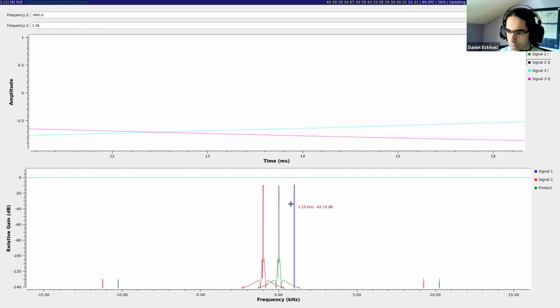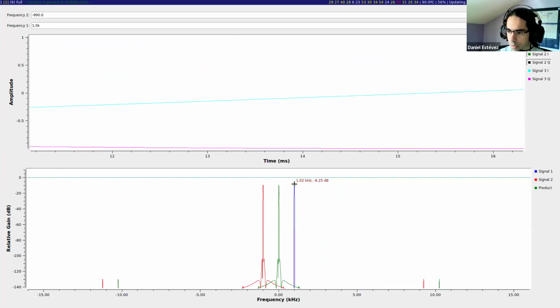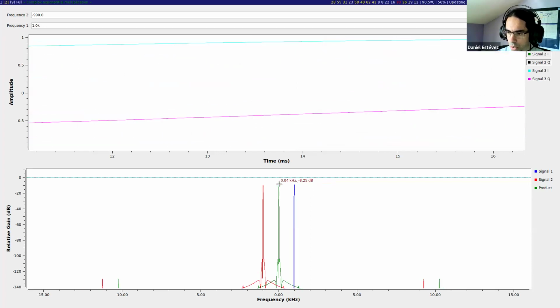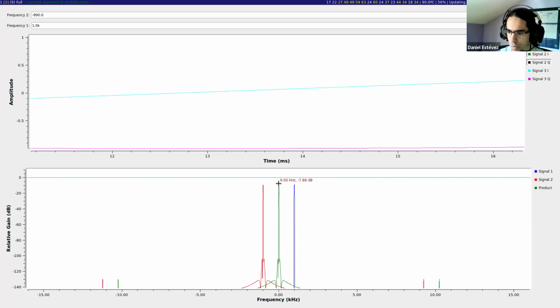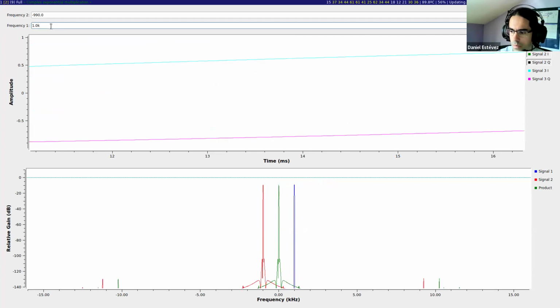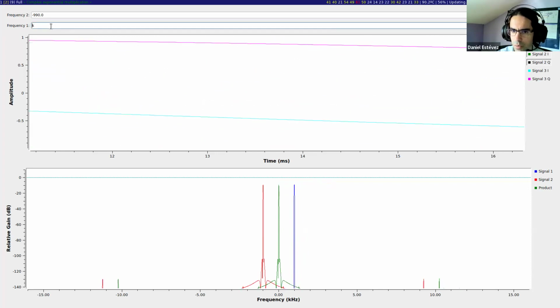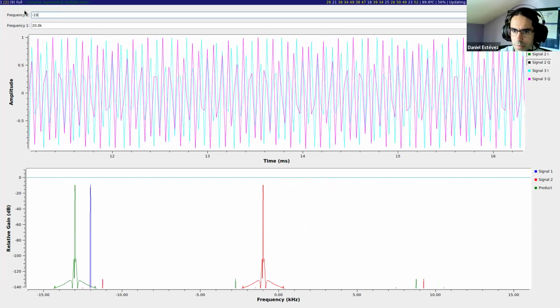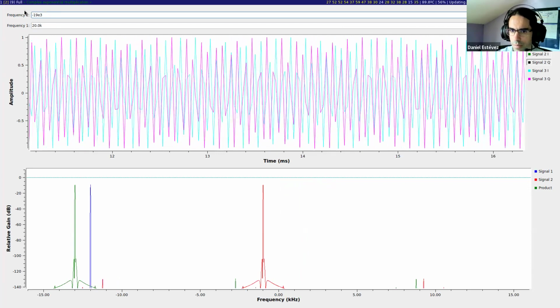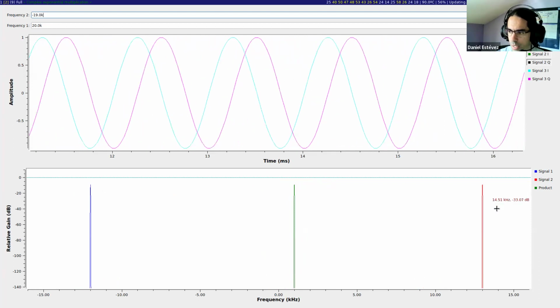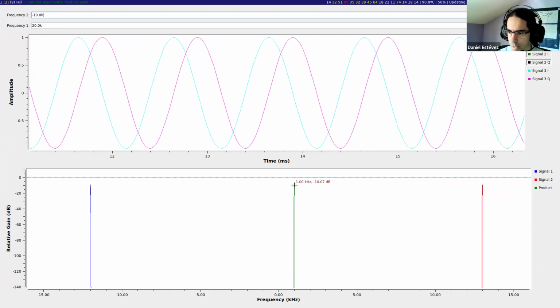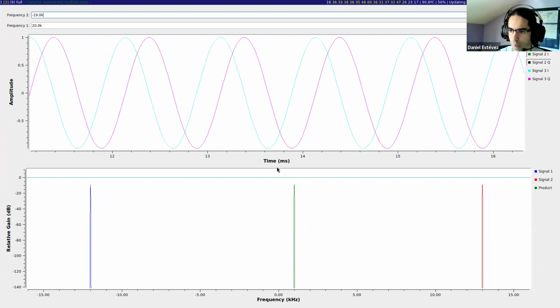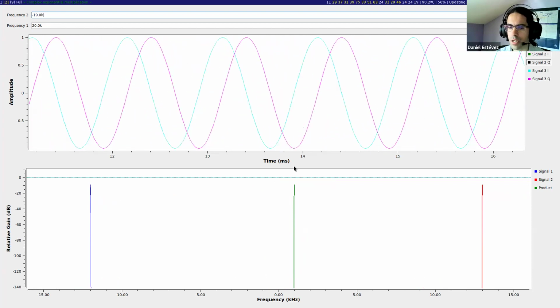This is the way of moving a signal of any frequency to something which is close to 0. Just maybe for the example, it's better to make this 20 kilohertz, and then we can make this minus 19 kilohertz, and 20 minus 19 is 1 kilohertz. Okay, questions about this?